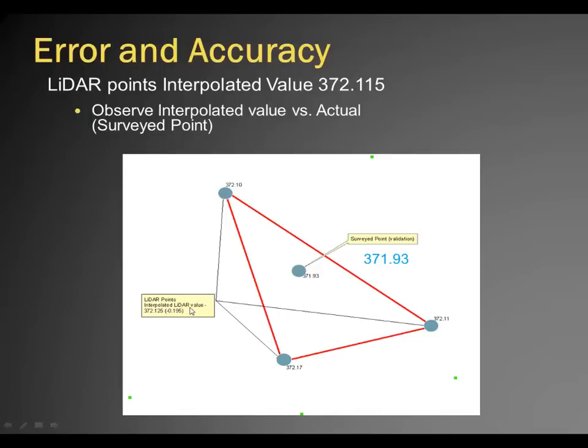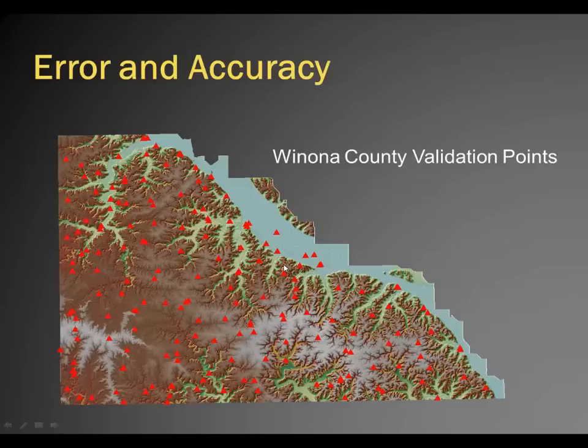And our interpolated value is what we're talking about for the difference here, to say how different is the LiDAR value compared to our ground truth measurement. And we did this all throughout Winona County. In this example, the little triangles are the points we collected in all those classes, and we compared our data.